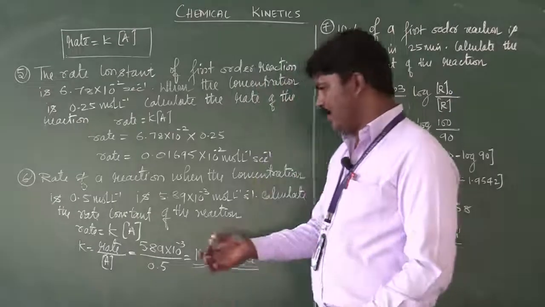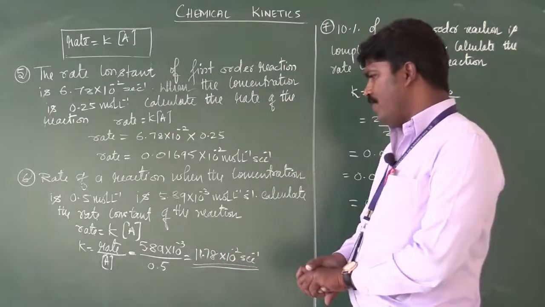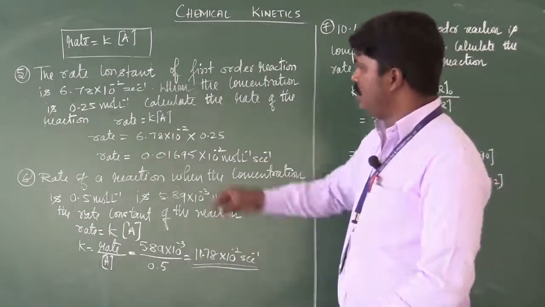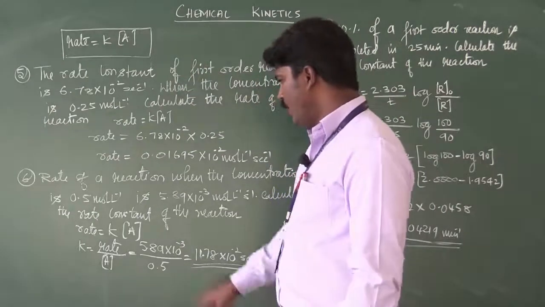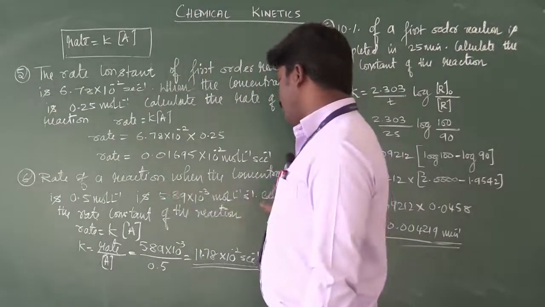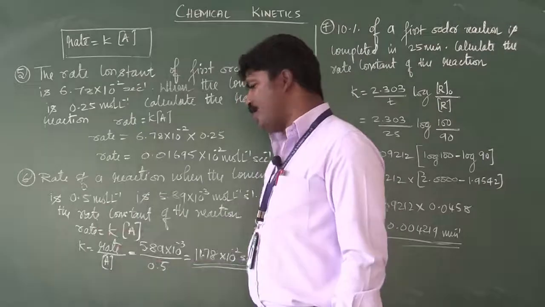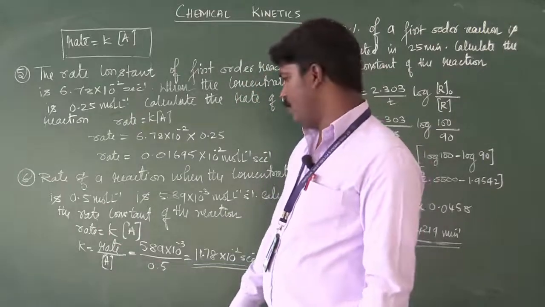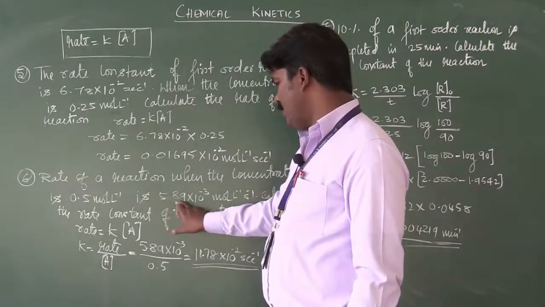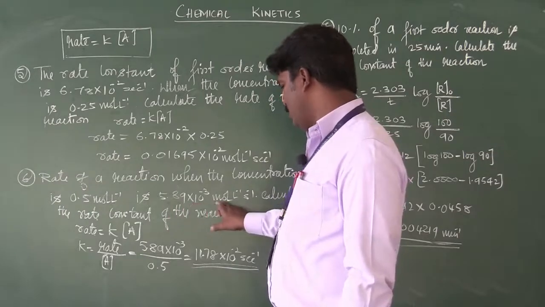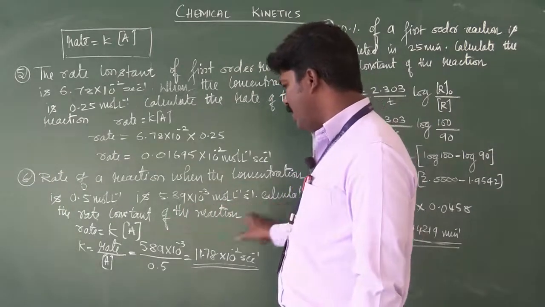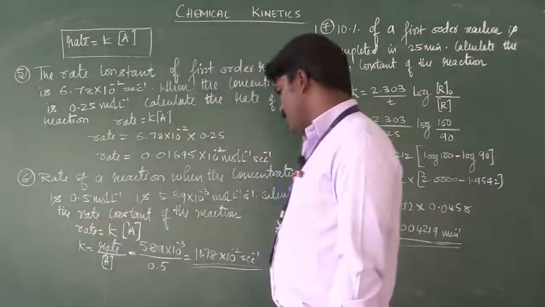Now moving a little further, we can take another way of finding the rate constant using the same formula. The rate of a reaction when the concentration is 0.5 mole per liter is 5.89 into 10 to the power of -3 mole per liter per second. Calculate the rate constant of the reaction.